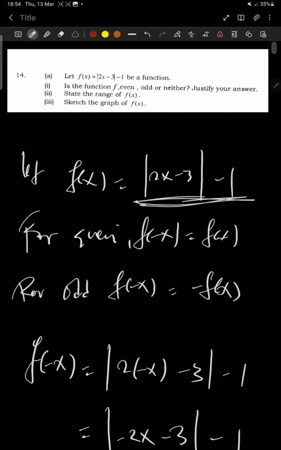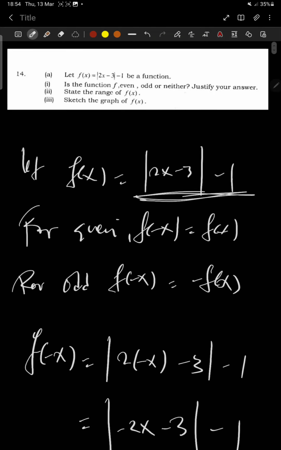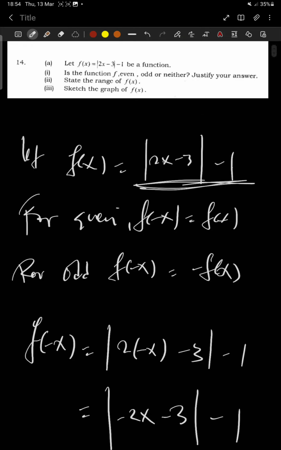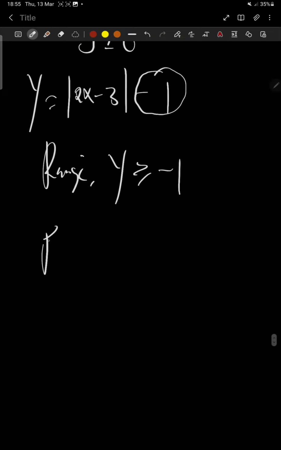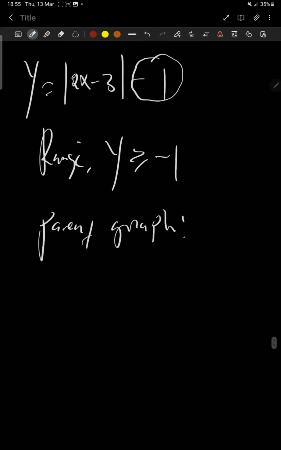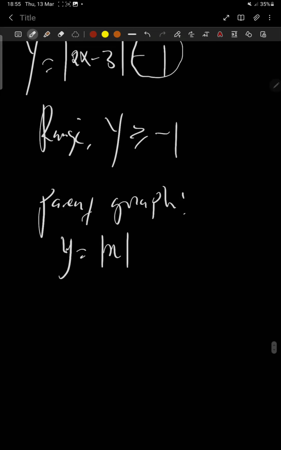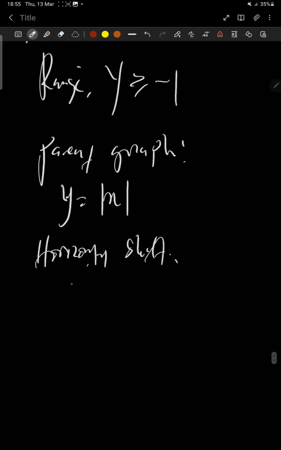Then the other part they're telling us is to sketch the graph of f of x. How do you sketch that? The first thing is the parent graph. Our parent graph is y is equal to modulus of x. The second thing is the horizontal shift.